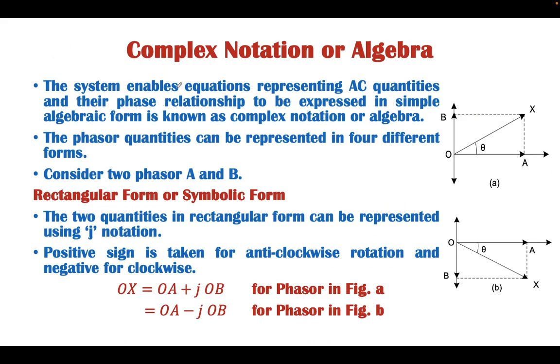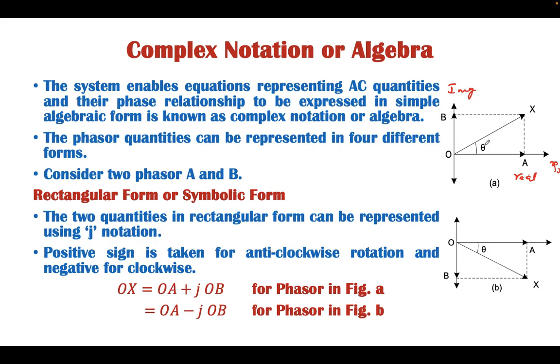Now, considering the complex notation, since we know there are two independent quantities. Earlier we considered two independent quantities, but now we are considering one quantity with respect to a reference having two axes: one is the real axis, another is the imaginary axis.